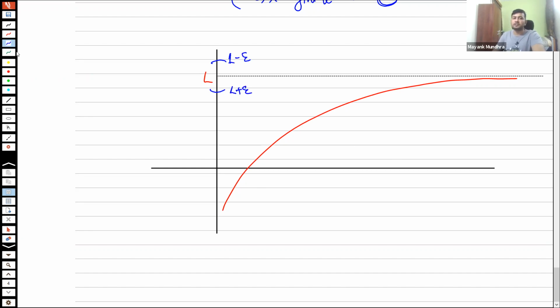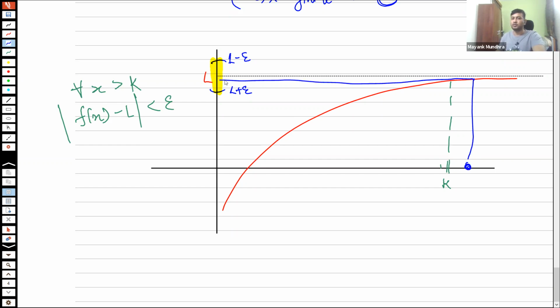Now, corresponding to this epsilon neighborhood here, you can find a cutoff point here, K, such that for all values of x greater than K, mod of f of x minus L is less than epsilon, which means that you take any functional value greater than K, it will be lying inside this yellow zone. That is the meaning of limit at infinity.